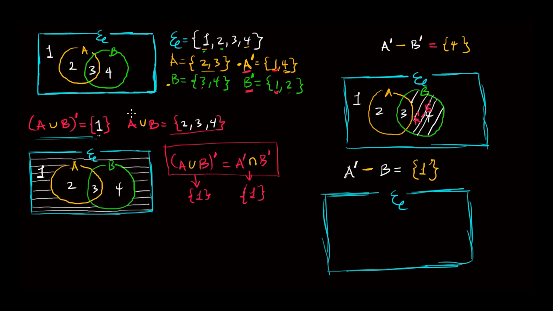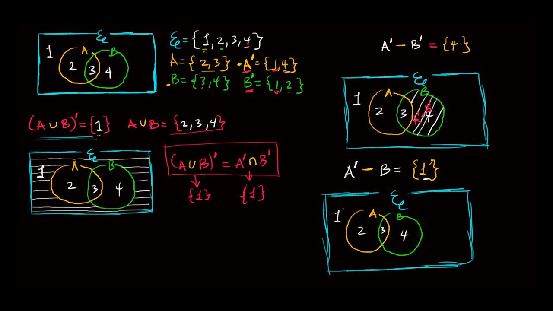Let's draw this. Just replicate this again. We'll have something like this. This is A. Then this is subset B. Then just put the elements: 1, 2, 3, 4. Now this is element 1 here. So it means this set A prime minus B represents all the portion that has 1.